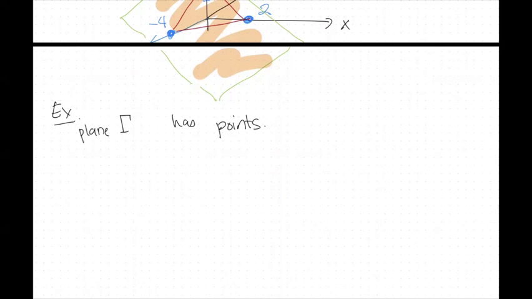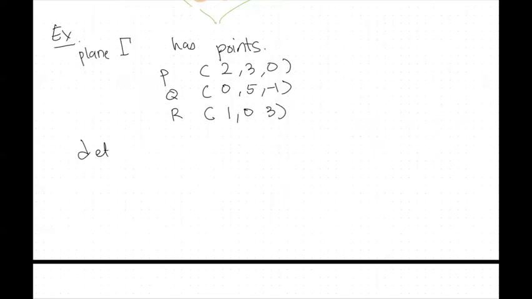Your plane lambda has points P, Q, and R with coordinates 2, 3, 0, 0, 5, negative 1, and 1, 0, 3. So here we will determine the equation of our plane lambda.